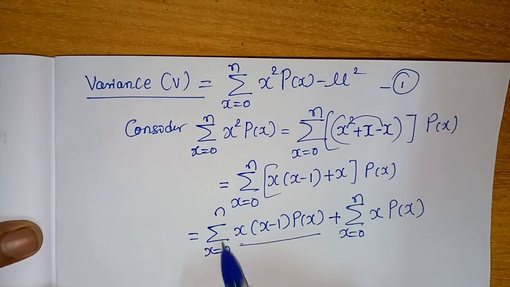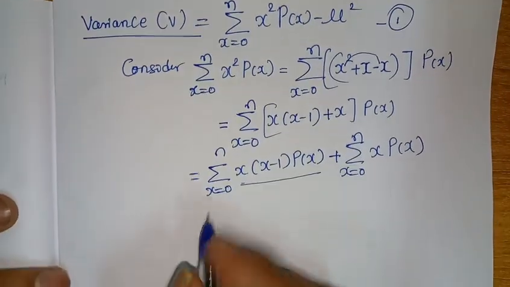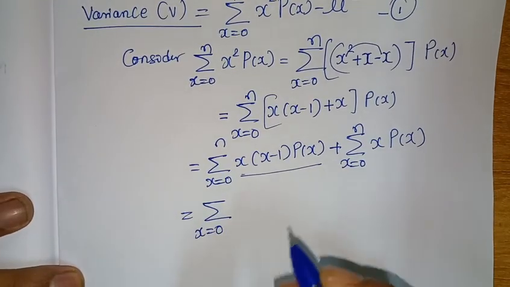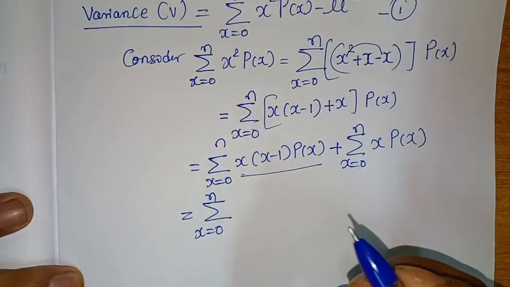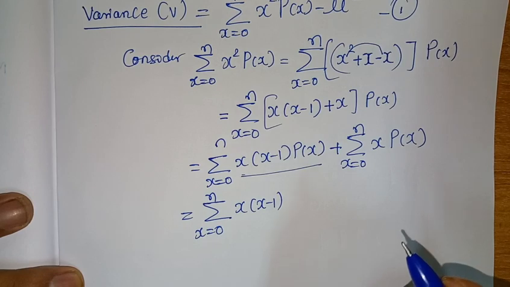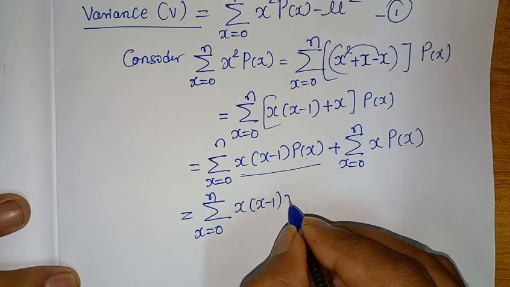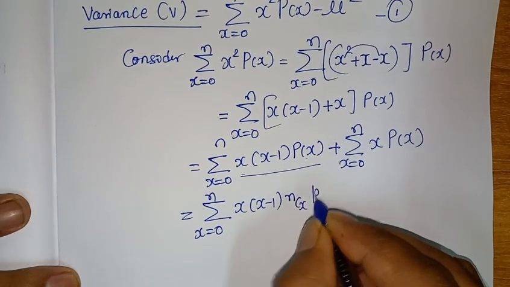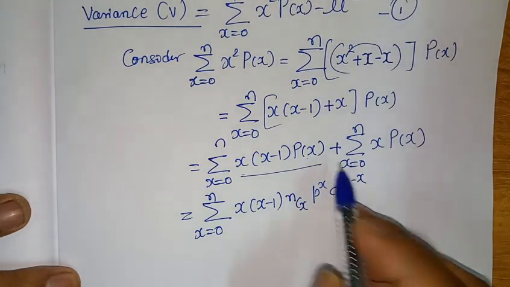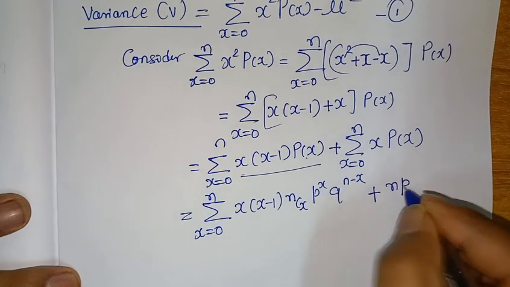We have to simplify only this particular part. I'll rewrite one more step. Summation x equal to 0 to n, x into x minus 1, and this p of x, we know from the binomial theorem or Bernoulli's theorem, that is nCx p power x q power n minus x. This p of x I have written, plus this is the mean, which we already found, that is np.